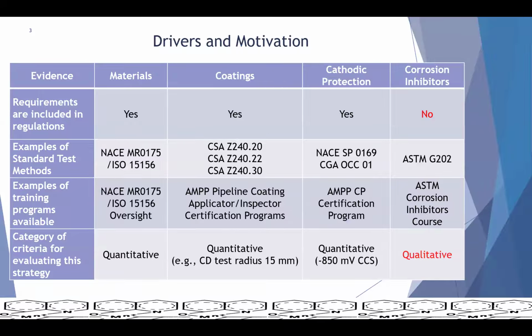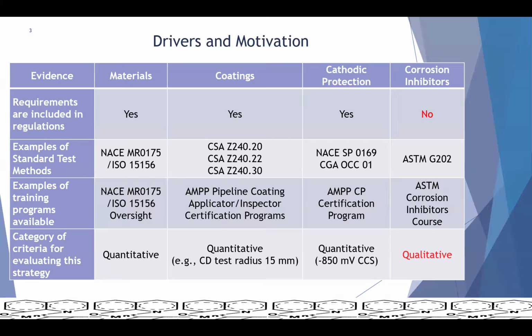As we all know, the major driver or the motivation for this JIP as well as the webinar series is to address the problem child. Corrosion can be controlled predominantly by four methods: good material selection, application of proper cathodic protection, application of coatings, especially to control external corrosion, and then the time-tested and proven methodology, that is application of corrosion inhibitors.